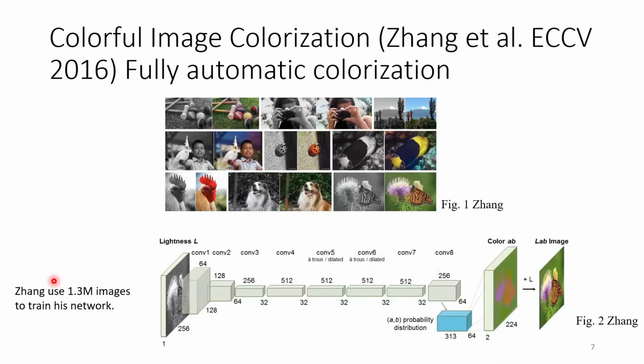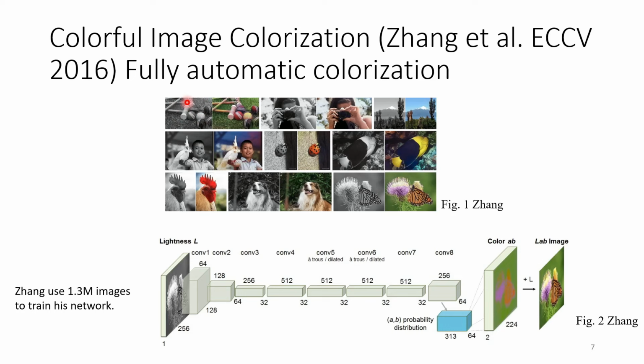So that is the concept of supervised learning, and we saw this slide last week. This is also an example of supervised learning. Let's recall what the algorithm wants to do. Given a grayscale image, the algorithm wants to generate the color channels from the grayscale image.